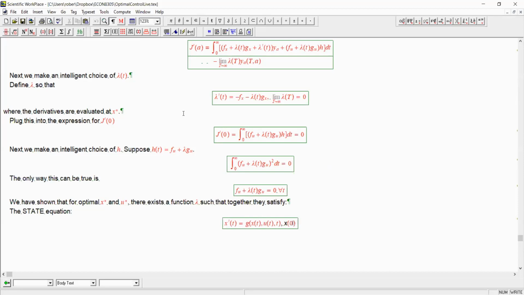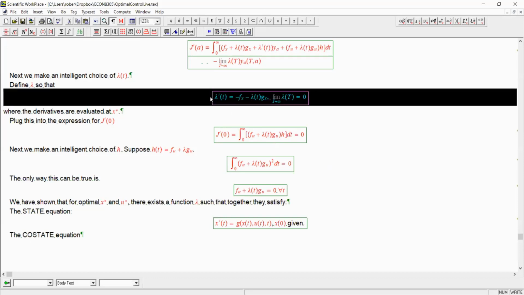With, of course, x0 given. Second condition is referred to as the co-state equation, or sometimes the multiplier equation.